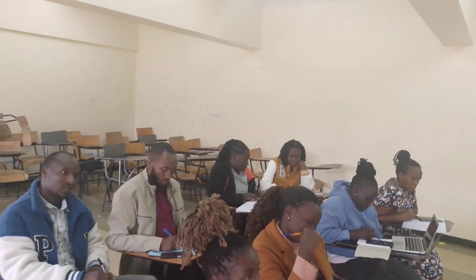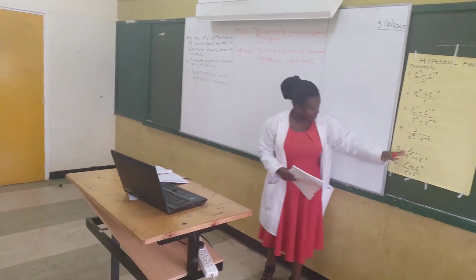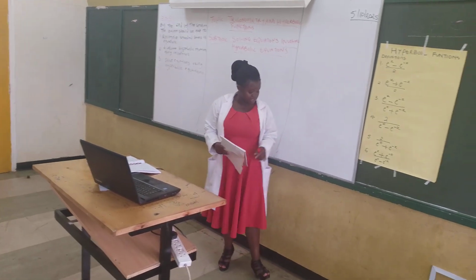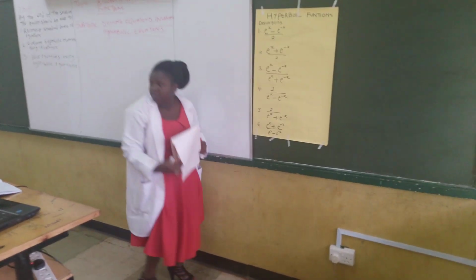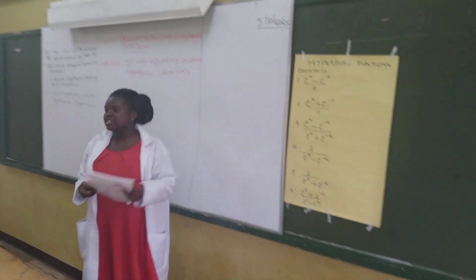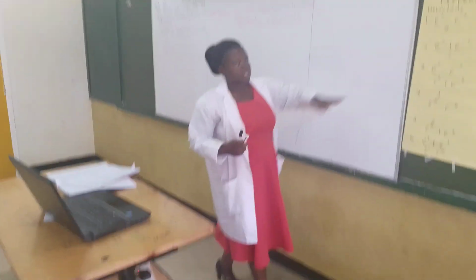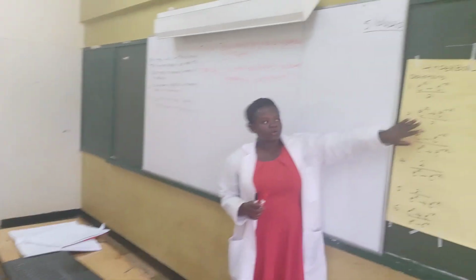The fourth one? Yes, Karen? Cosech, correct? Who can identify the fifth one? Yes, Daisy? Sech, correct? Who can identify the sixth one? Yes, Corinne? That is coth. Good. So, we are going to use these equations to solve our hyperbolic equations.